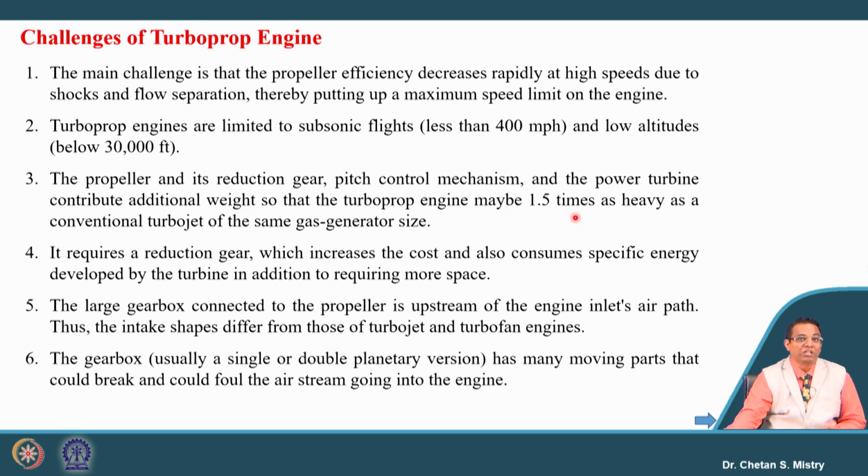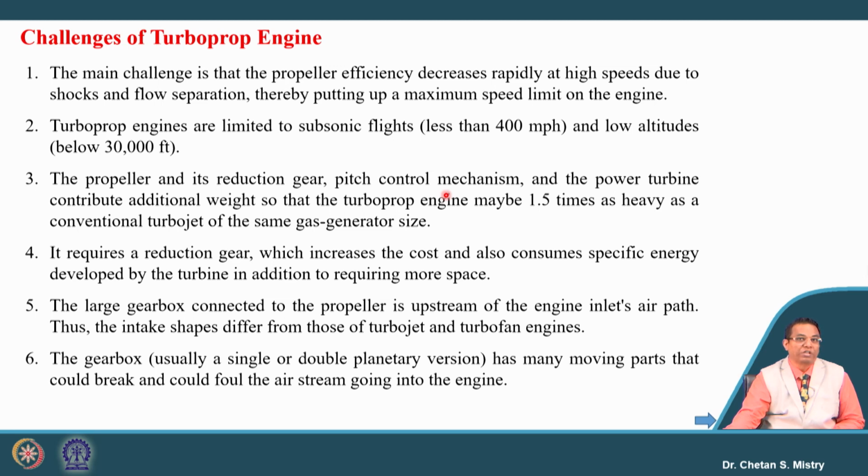So if you recall, we were discussing the efficiency of all the engines. There we have discussed that turboprop engines are much more efficient for the low speed kind of configuration. So mainly they are having subsonic flight limited to 400 miles per hour and altitude of 30,000 feet. The propeller is connected with a gearbox, a reduction gearbox. Sometimes in order to have great control of the flow, these propellers are made with pitch control.